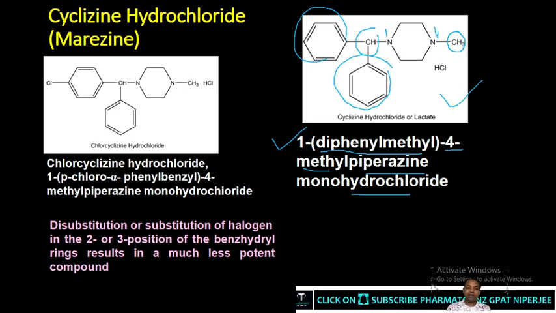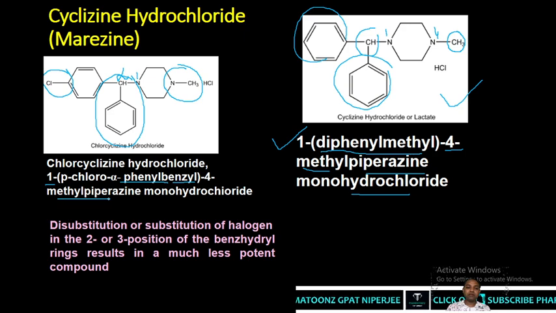In chlorcyclizine, at the first position there is para-chloro. This is also called the alpha position, alpha-phenyl, and the whole is a benzyl group. Again at the 4th position there is a methyl group, 4-methylpiperazine. In this way you can give the nomenclature to chlorcyclizine.